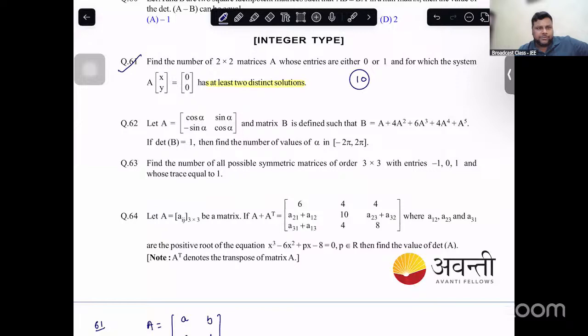Yes, 62. If determinant of B is 1, find the number of values of alpha in minus 2 pi to 2 pi.